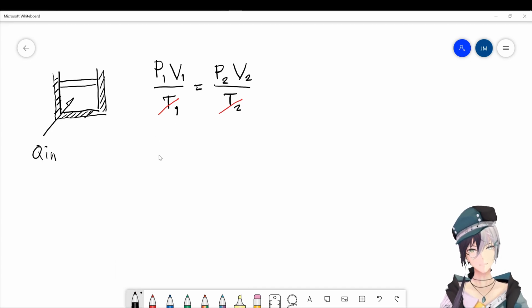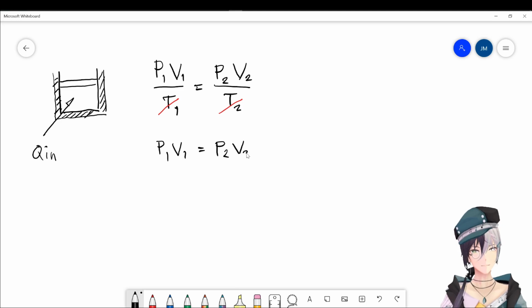We are now left with pressure 1, volume 1, and then pressure 2, volume 2. Rearranging this, we have pressure 1 over pressure 2, and then volume 2 over volume 1.